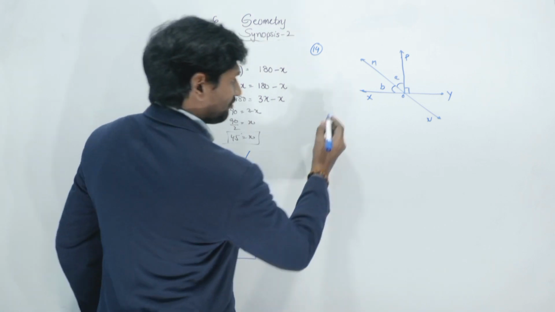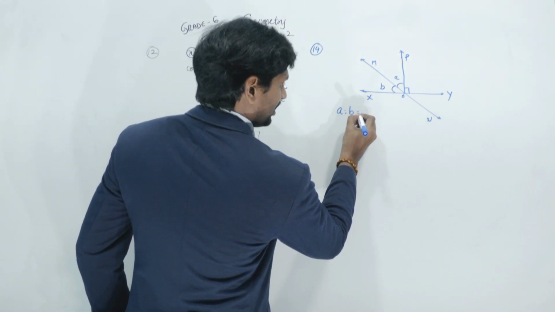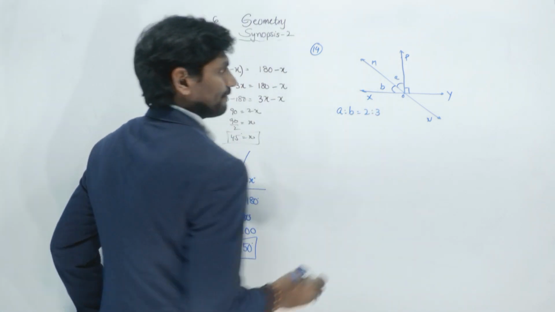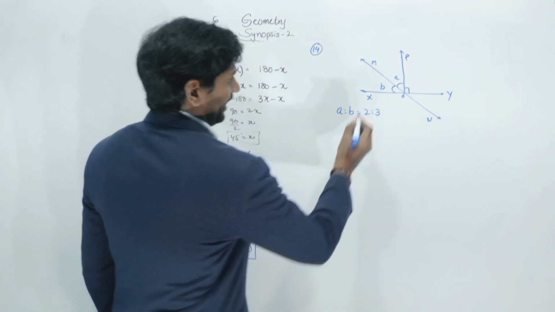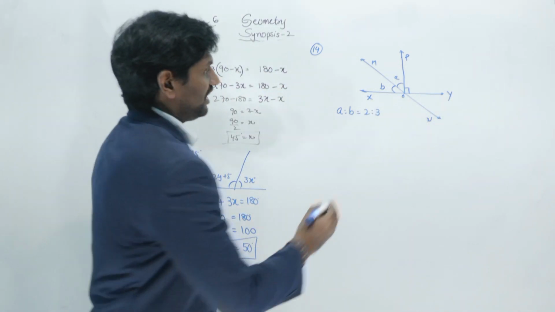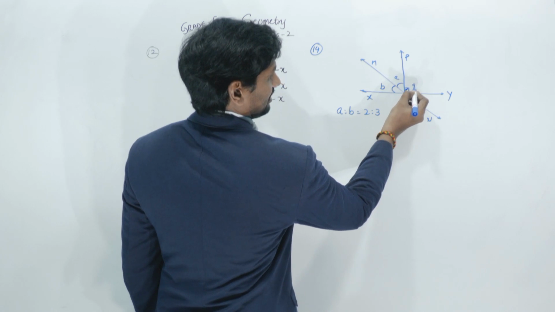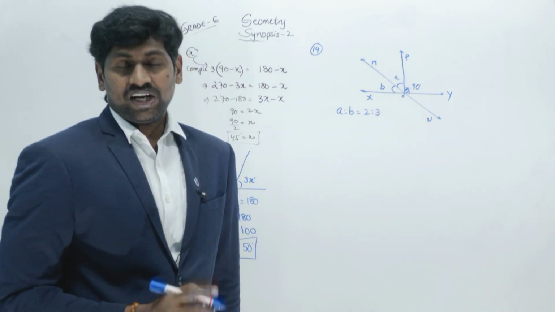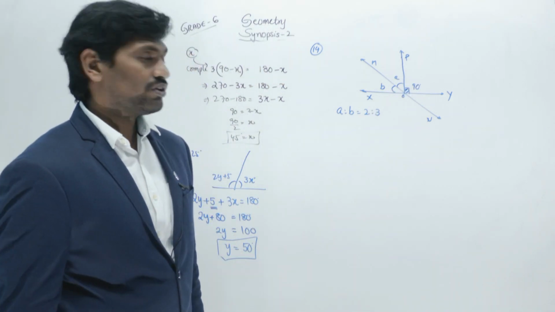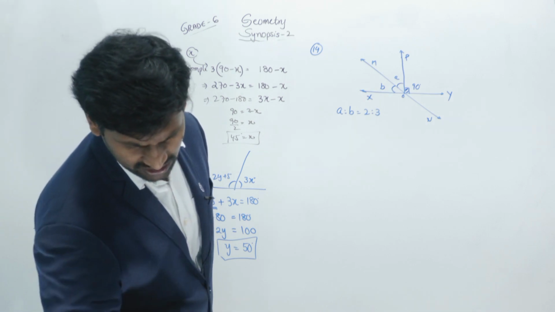So the information is A is to B equals 2 is to 3. And XOY is a straight line, and on a straight line the sum of angles equals 180 degrees. And where is the C? C is here.